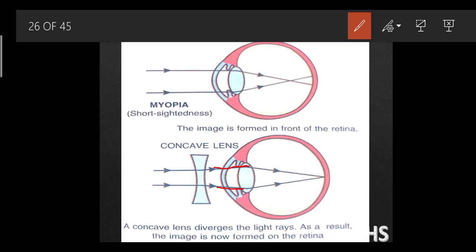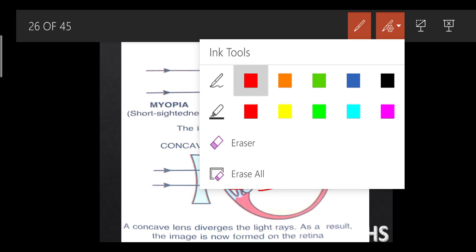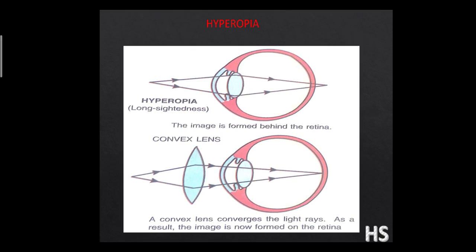As the image has now diverged, it can form exactly on the retina here. This is the spot. The doctor often recommends a concave lens in case of myopia.